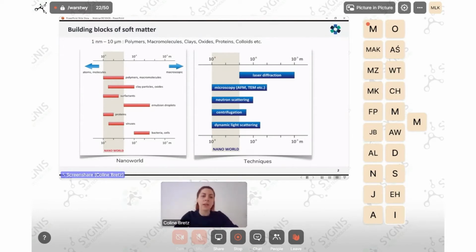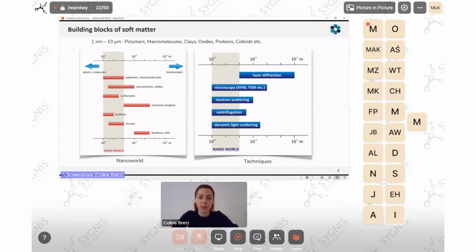When we're interested in characterizing these kinds of materials, we're looking at polymers, molecules, proteins, emulsion droplets, surfactants, many different types of systems that fall in the nanometer range and sometimes also in the micrometer range. To characterize these materials, there are several techniques available, among them microscopy, neutron scattering, centrifugation, or laser diffraction, for example.